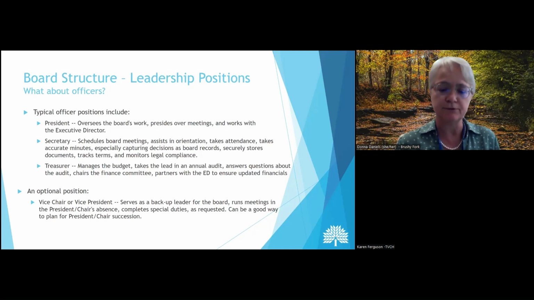All those voices are channeled through the board chair. The board chair also is responsible for conducting and coordinating the executive director's annual performance review. They may also bring in other board members if they want to do more of a committee approach to that, but that really falls within the duties of the president of the board, or the chair of the board.